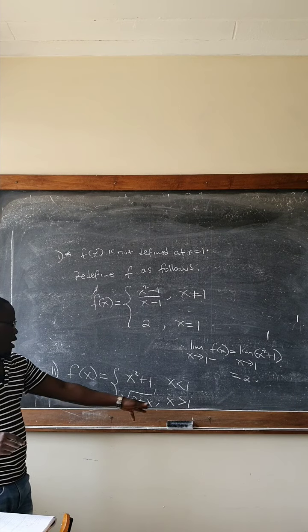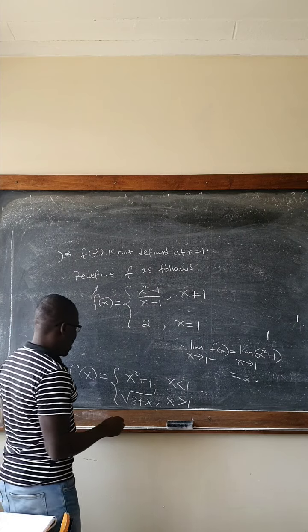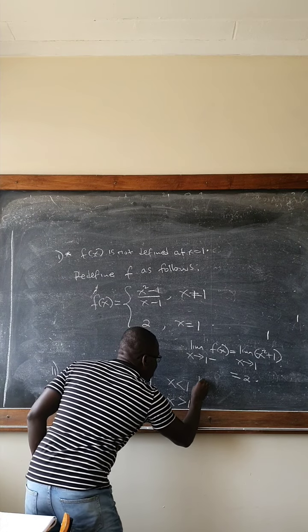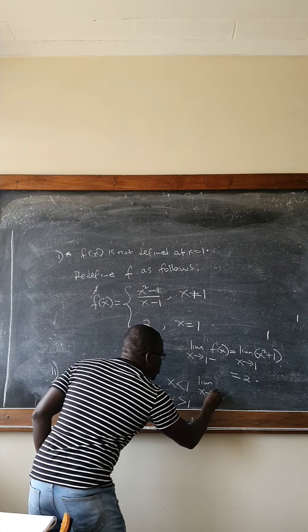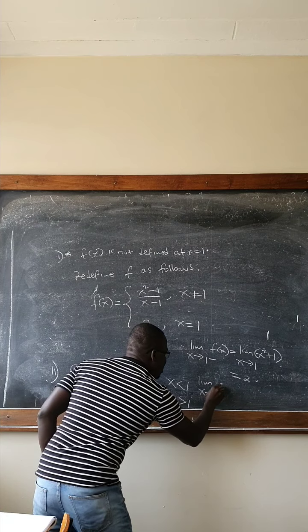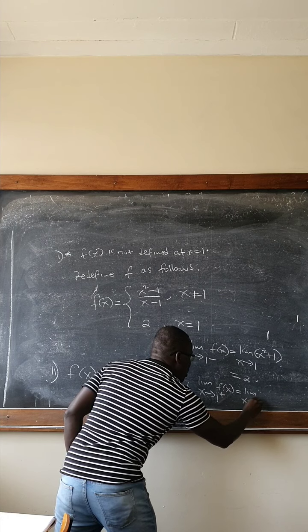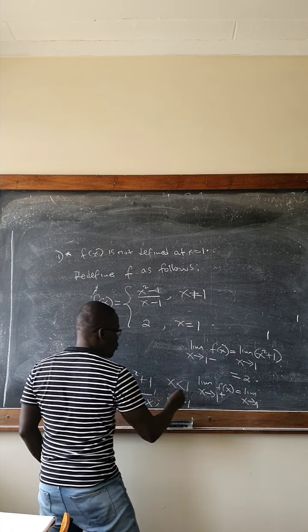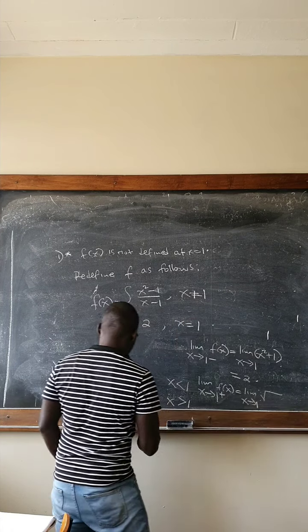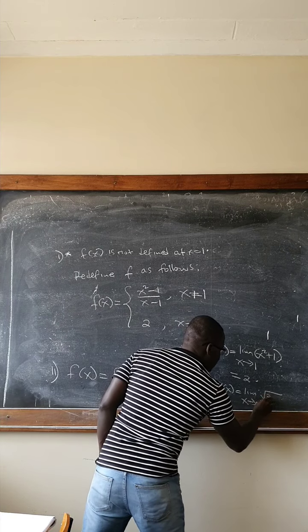What about if you approach x from the right? Now, the limit as x tends to 1 plus of f of x is going to be the limit as x tends to 1 of root of 3 plus x.